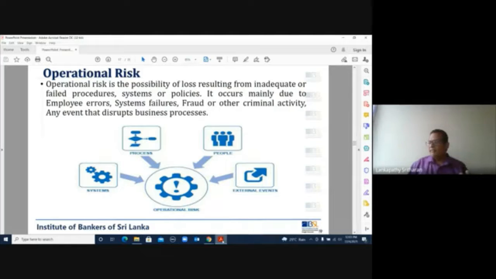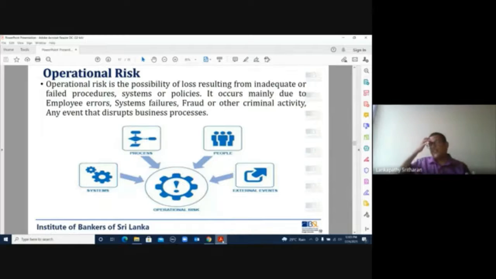Due to some COVID reason or something, the vendor closed down and is not in a position to maintain that system. Due to that external event, the bank may be exposed to operational risk. They could not maintain their system properly, and there are some issues in the system that create an operational risk.